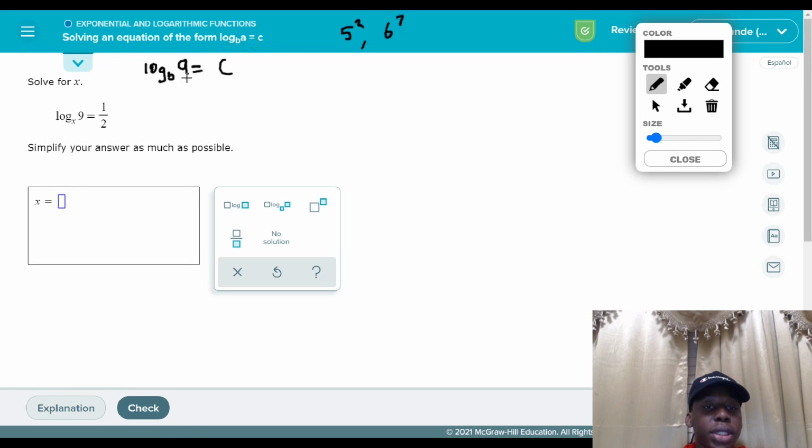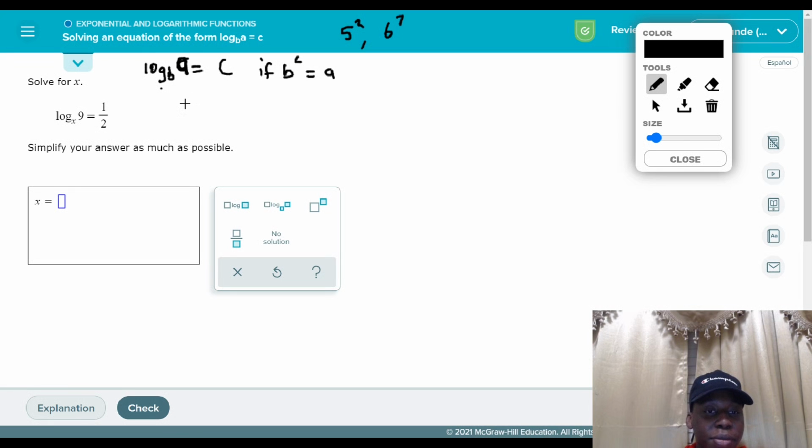This is only true if b to the power c equals a. What I did was, this side should only be equal to this side if when we bring b and set c as the exponent, it will equal a. I'm sorry, it looks like a 9. My bad, I'm not really the best in handwriting.